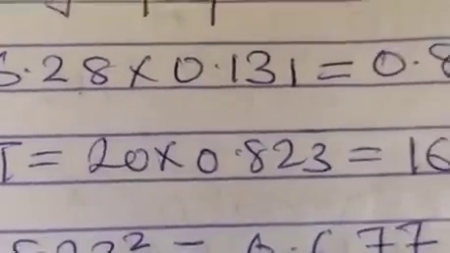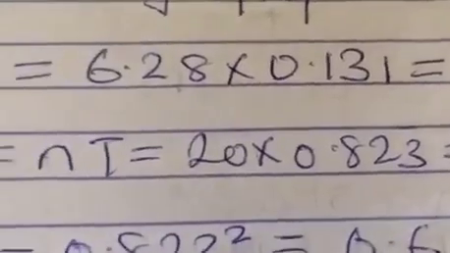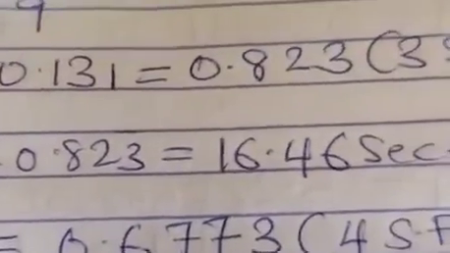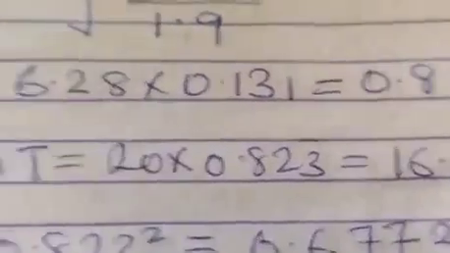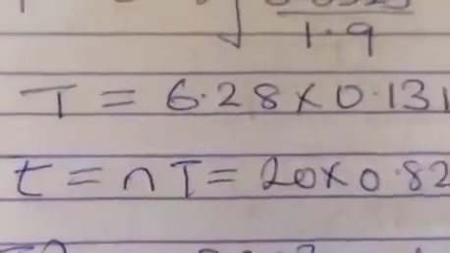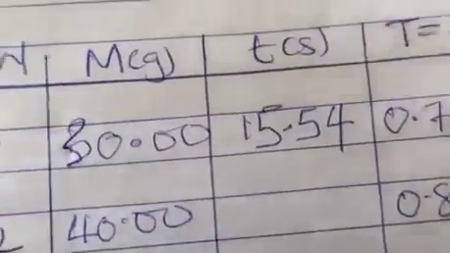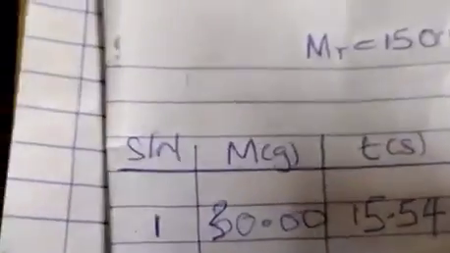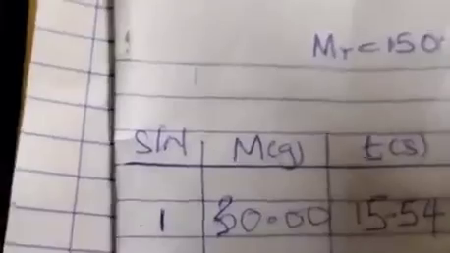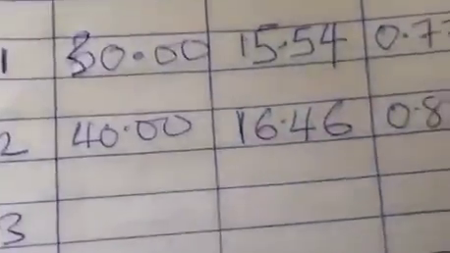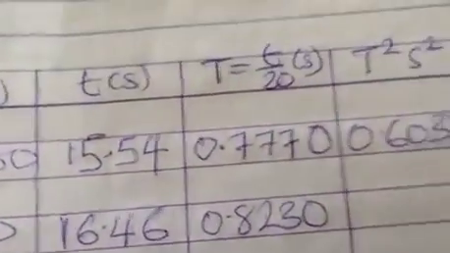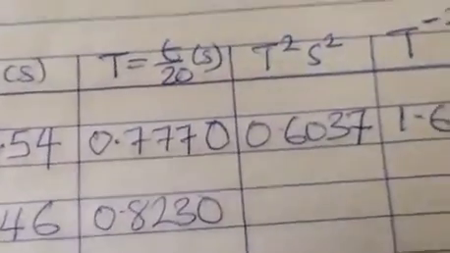If n is 20, we say 20 times 0.823. 0.823 is the period, and that gives us 16.46 seconds as our time for oscillation. We report our small t as 16.46 seconds.